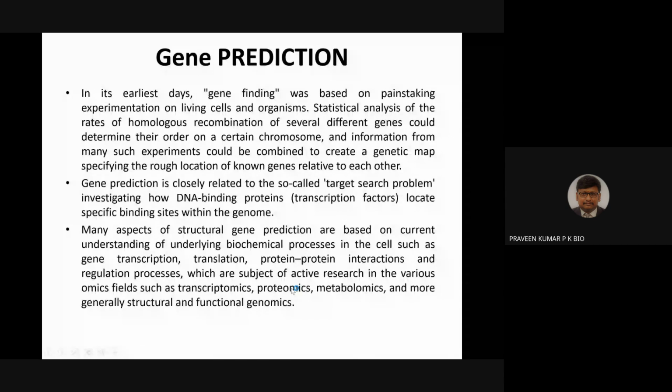Okay, in proteomics, you have plenty of this information: translation, protein-protein interactions, whatever I told, and regulation process, gene regulation. Gene interaction networks are different, gene regulation networks are different. Okay, so based on the gene regulation, you can find the metabolites that are formed.